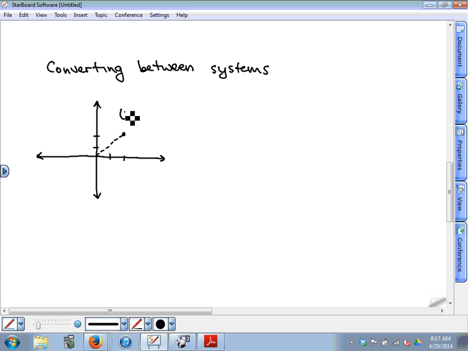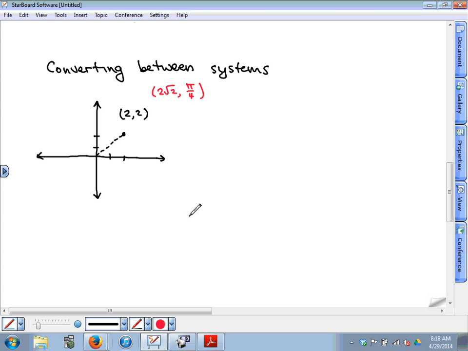So in rectangular form, that was the point 2, 2. And then in polar form, that was the point 2 square root of 2, pi fourths.